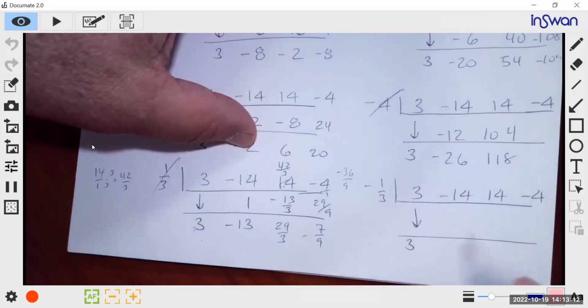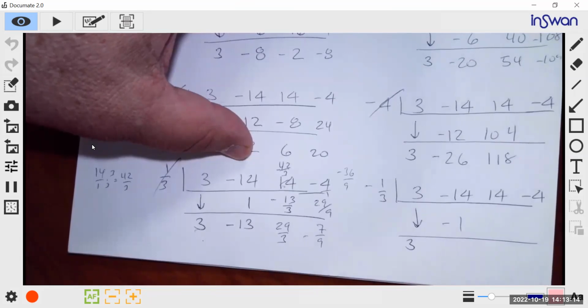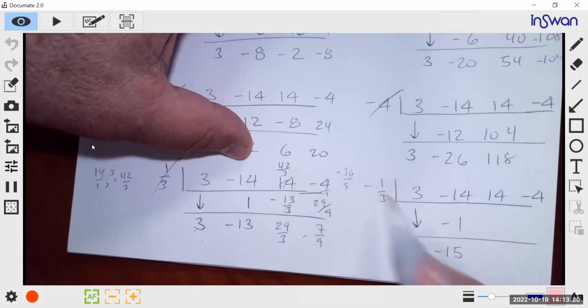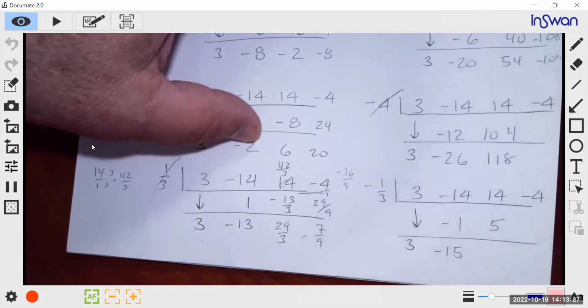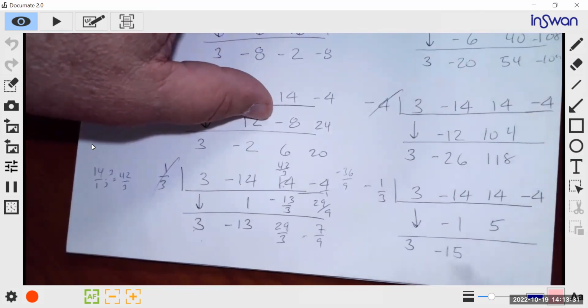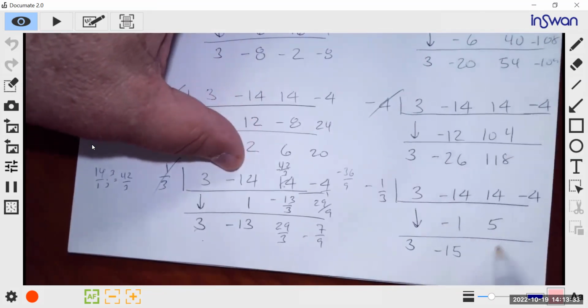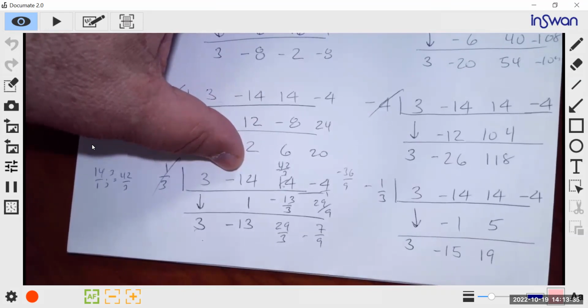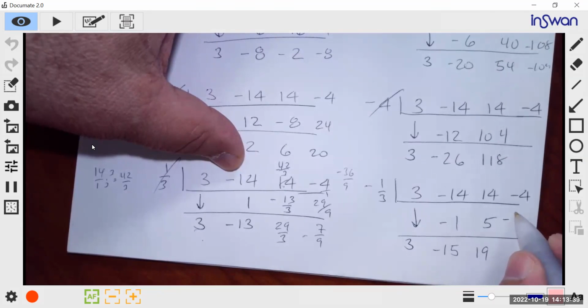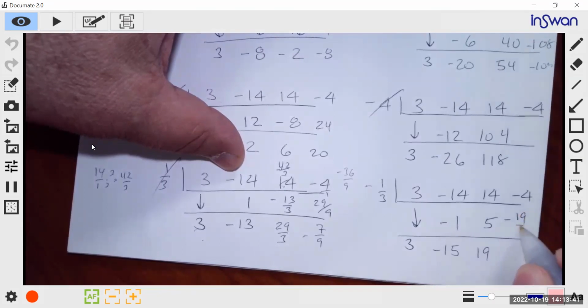So negative 1/3 times 3 is negative 1. Negative 14, negative 1 is negative 15. Negative, negative is positive. 1/3 times 15 is 5, because 15 divided by 3 is 5. 14 plus 5 is 19. 19 times negative 1/3 is negative 19 over 3.